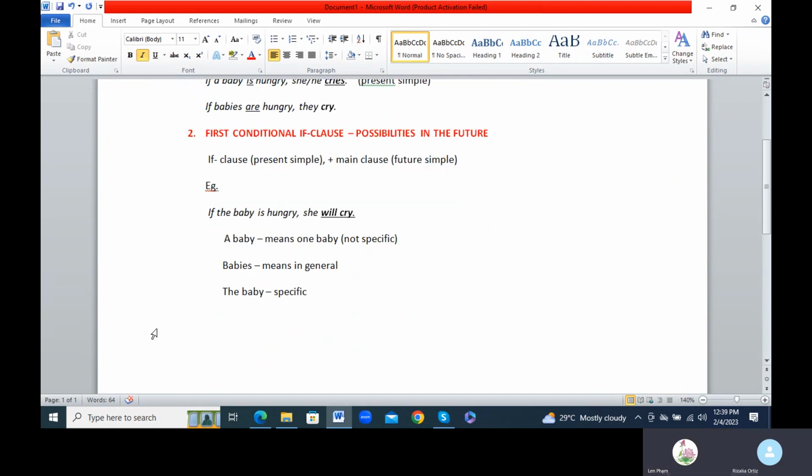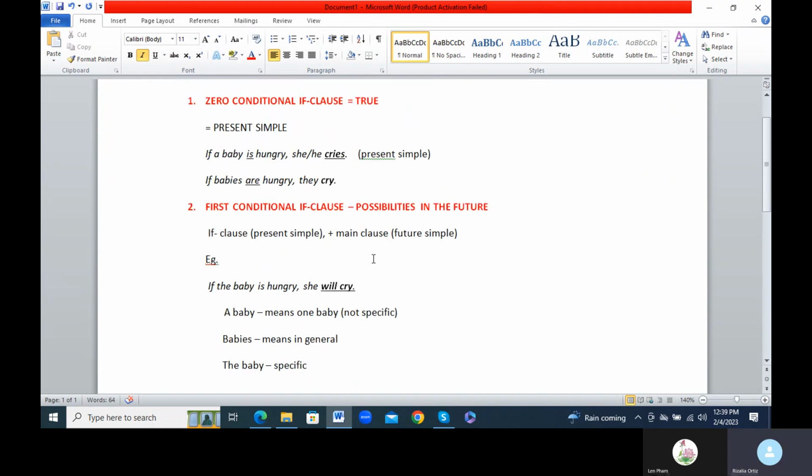Now, the first conditional is different than the zero conditional simply because the first conditional does not talk about generally true statements. First conditional only focuses on future possibilities.